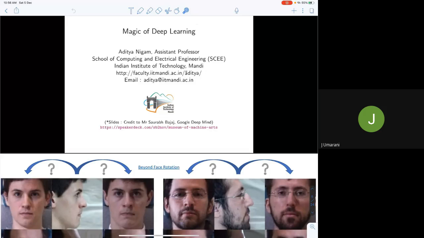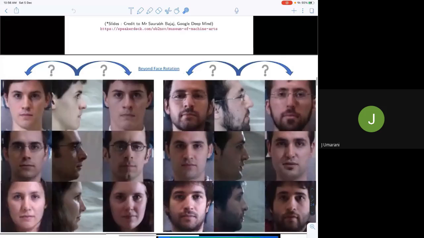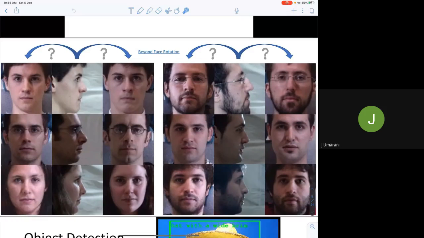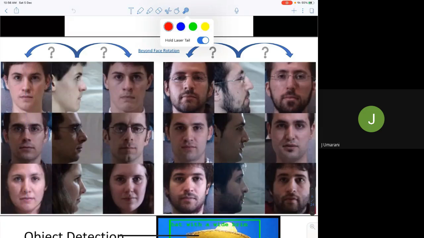These are a few images, and now you can see that I have an image like this. Can I take this image and match it with this image? Then you will say that here I am able to see the full image, but here I am able to see only half. Can you generate the other half from this?